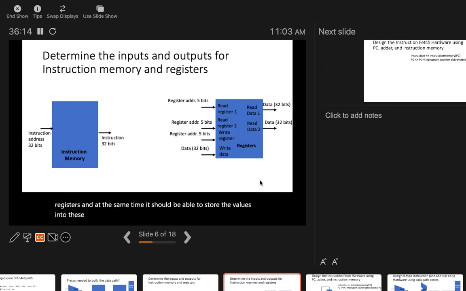Now, in order to read the two registers, you need to specify two register address buses. One is the register address 5 bits, which is the RS, and then the second one is the RT. And when you supply them, out come their respective values, read data 1 and read data 2.